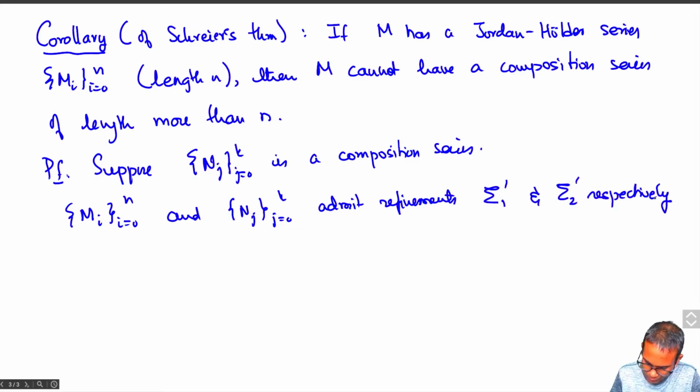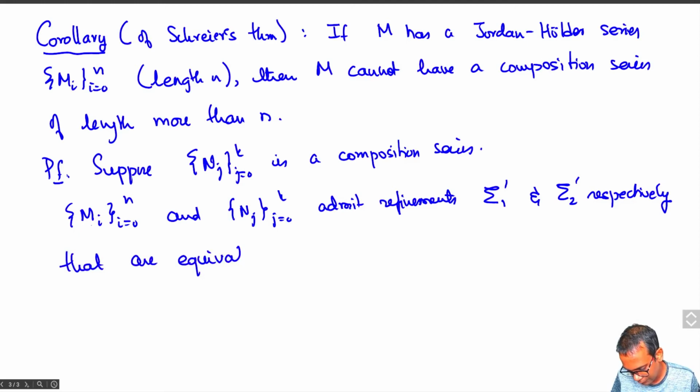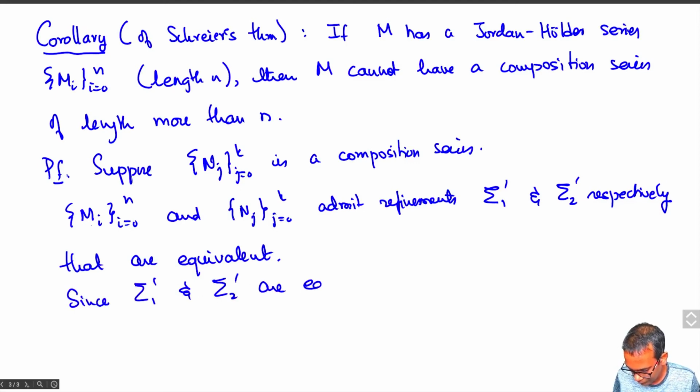So sigma 1 prime is a refinement of this Jordan-Holder series M_i, and sigma 2 prime is a refinement of this composition series N_j, that are equivalent. Since they are equivalent, they have the same number of non-zero quotients.